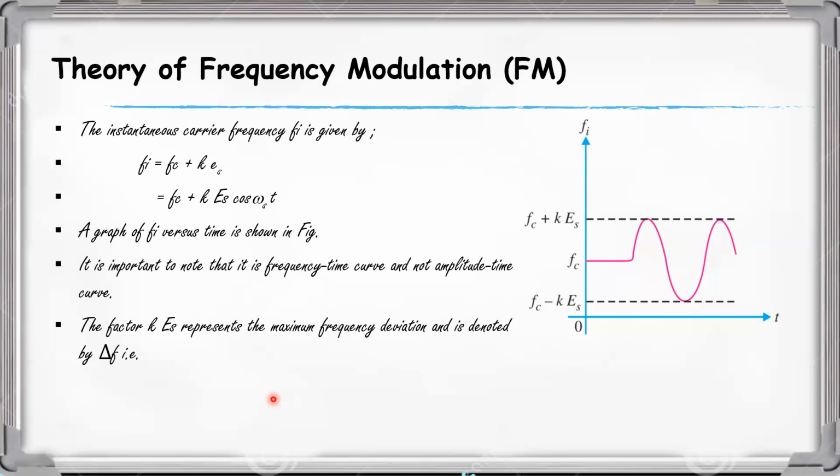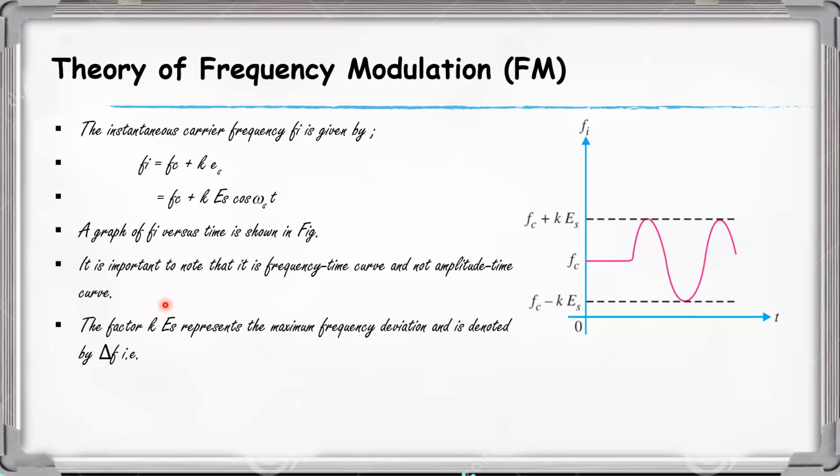The factor k into Es represents the maximum frequency deviation and is denoted by delta f. Here it is Fc, and the difference up to this must be k Es.